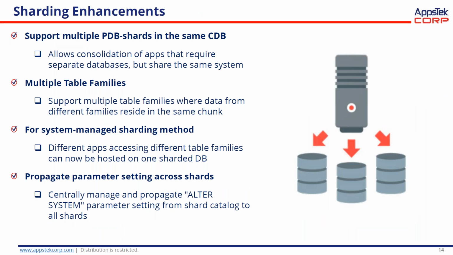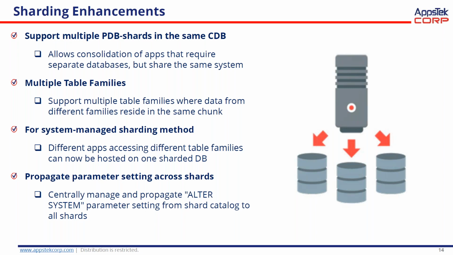Threading enhancement. In that, Oracle has come up with a lot of new enhancement features for sharded databases. Sharding was introduced in 12c. Now 19c supports multiple PDB shards in the same CDB. It allows consolidation of apps that require separate databases but share the same system. It supports multiple table families, where data from different families reside in the same chunk.